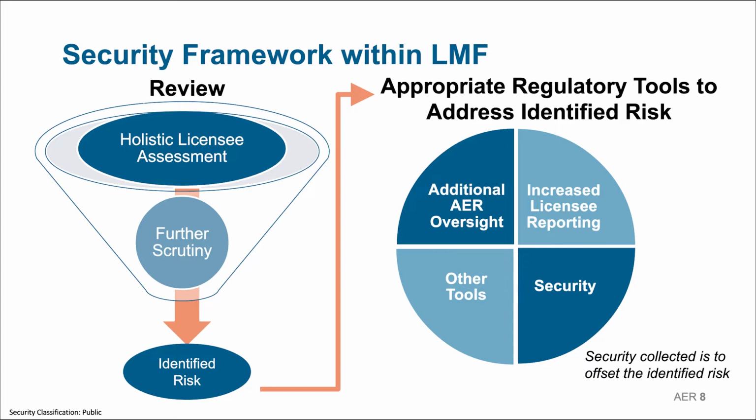Then, based on the assessment, the AER will focus on specific factors for further scrutiny to identify the risks. Risks are identified based on the decision being made and the outcomes to be met or managed. Once risks are identified, the AER will use a suite of regulatory tools for appropriate mitigation.